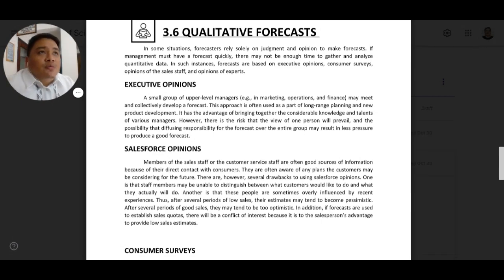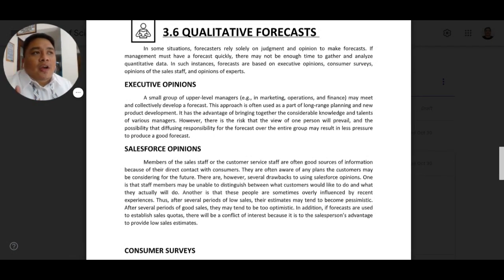Sila yung gumagawa ng tinatawag nating executive opinions based on their experiences, personal opinions. That's how they create a forecast. This approach is often used as part of long-range planning and new product development. So that's what we call executive opinions.